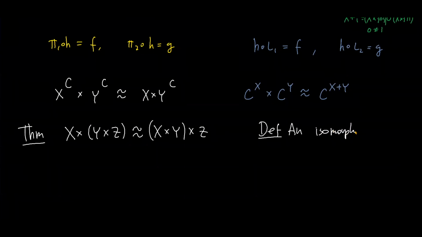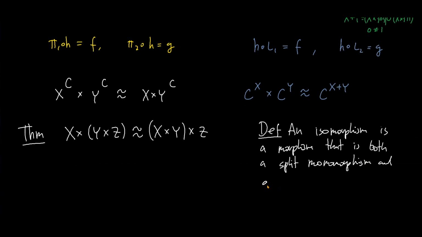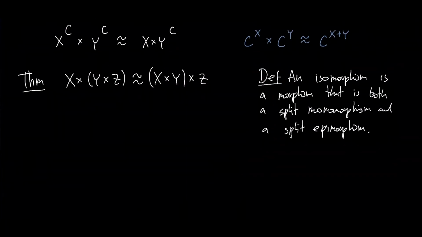An isomorphism is a morphism that is both a split monomorphism and a split epimorphism. So remember, a split monomorphism was defined as something having a section in one direction.